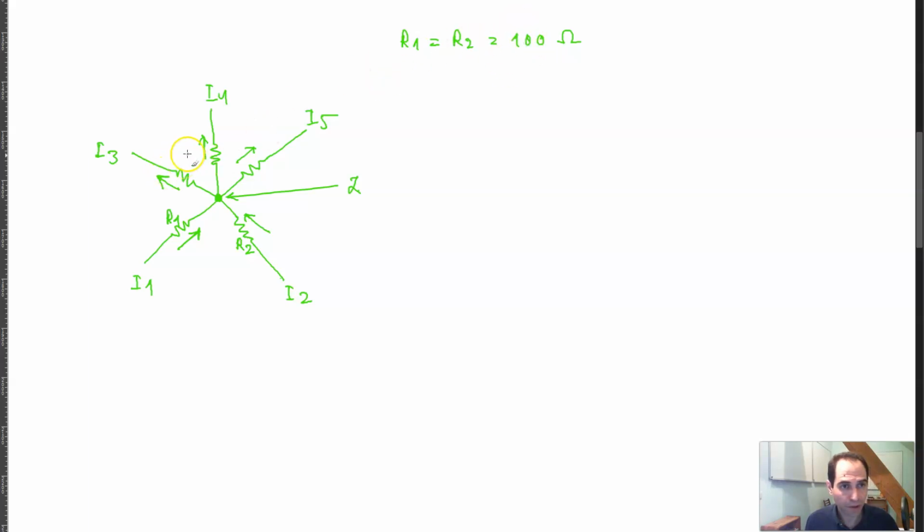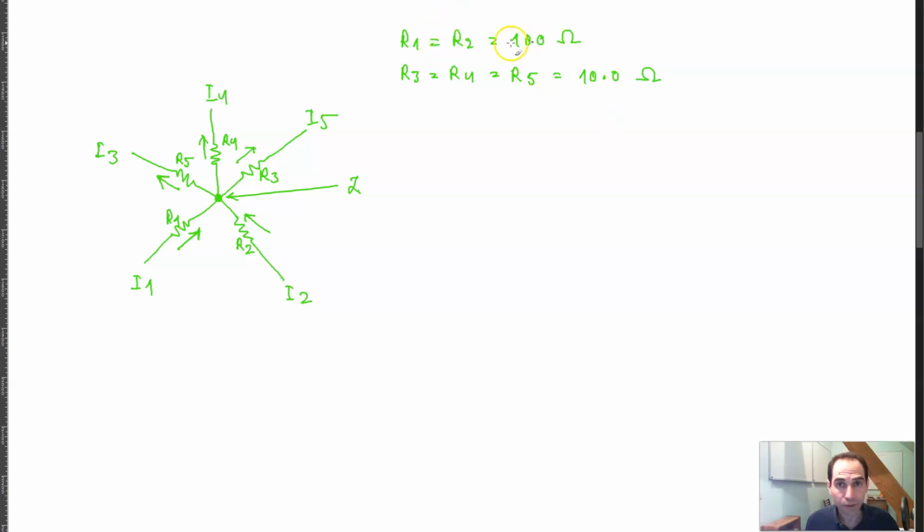So you have R3, R4, R5. R3 is equal to R4 is equal to R5 is equal to 10.0 ohms. And the current through each 100 ohm resistor is 500 milliamps.